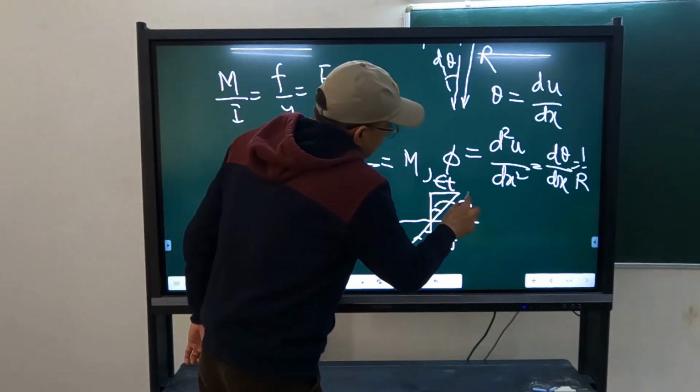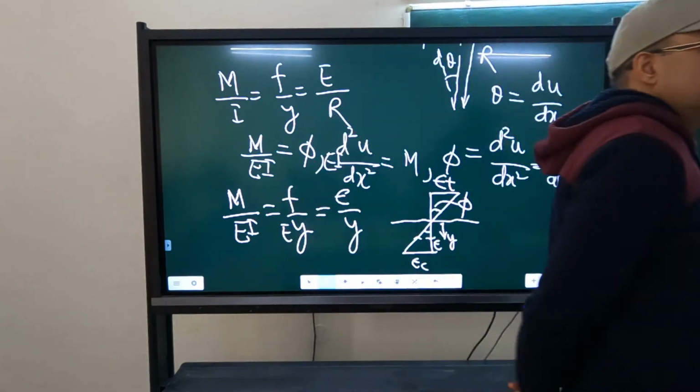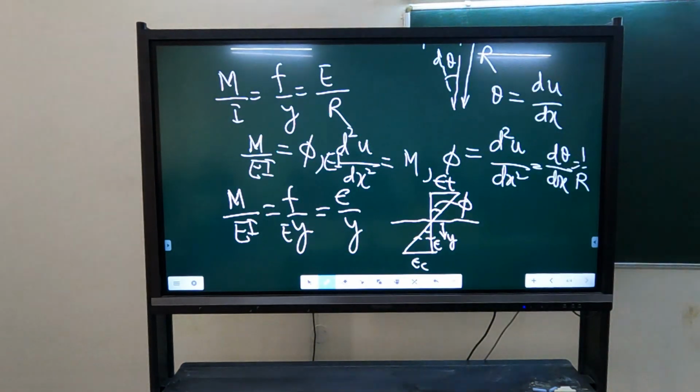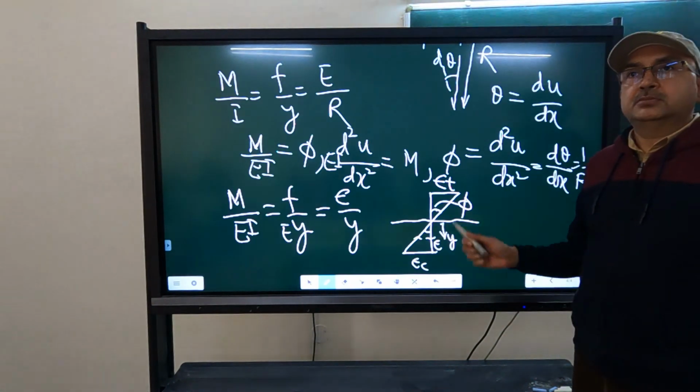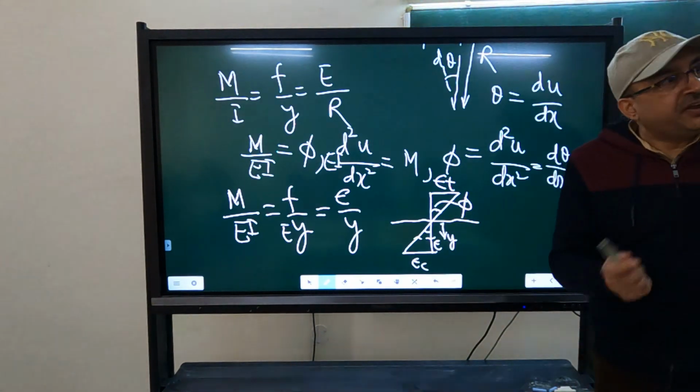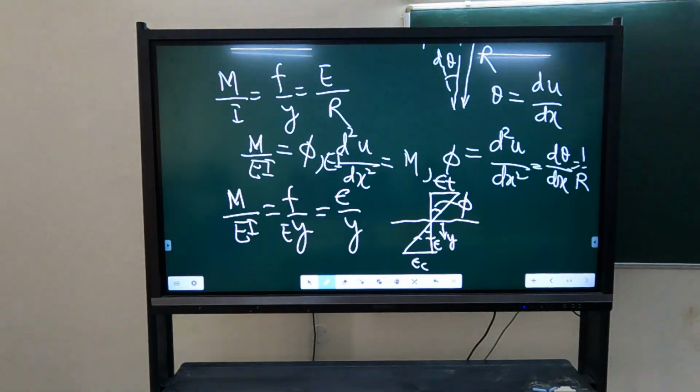So this angle is also phi. So curvature can also be obtained from the angle in the strain diagram. This we will use in our further discussion.